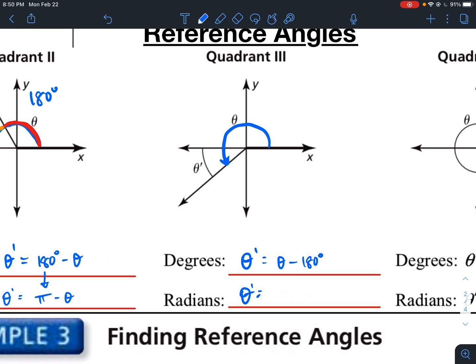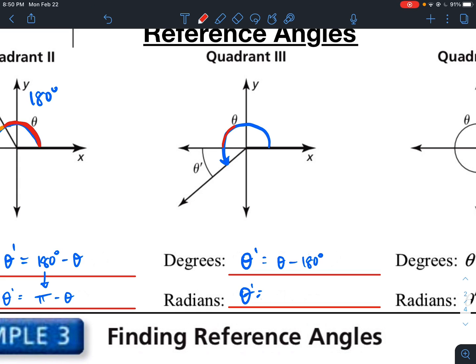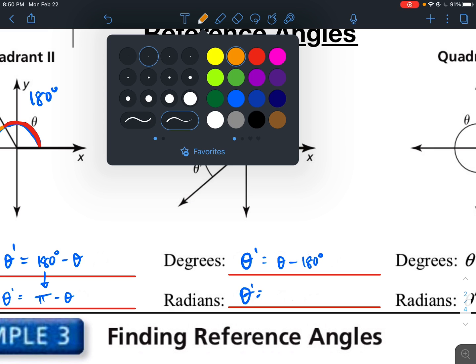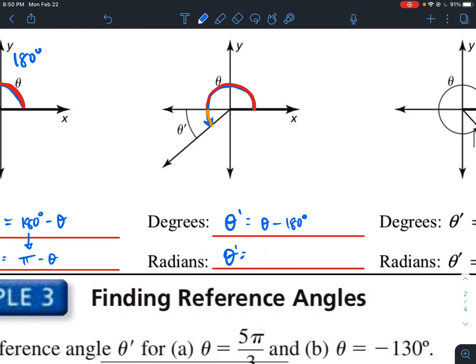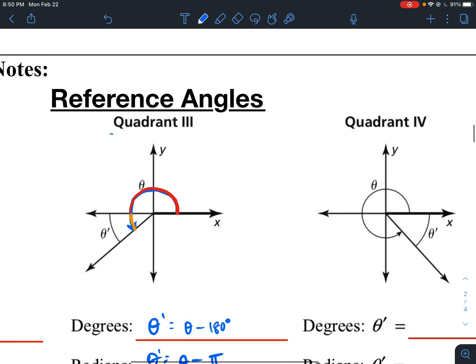The reason is that here is theta in its entirety, and if we subtract 180 degrees from theta, we are left with the reference angle. In radians, it's the same thing, but we subtract pi radians. That was if it's in quadrant 3.